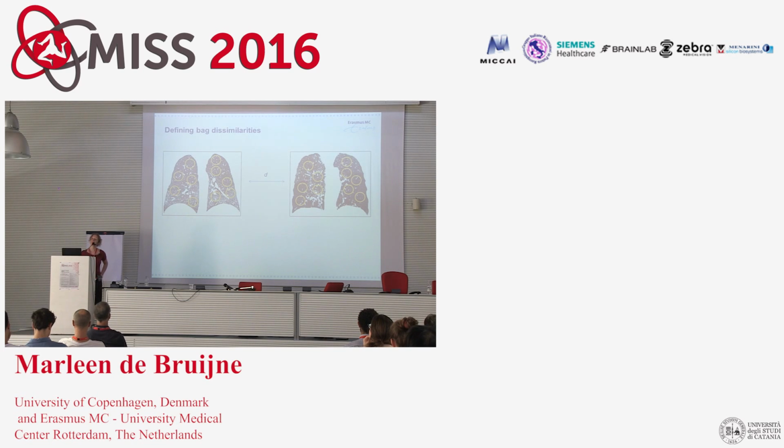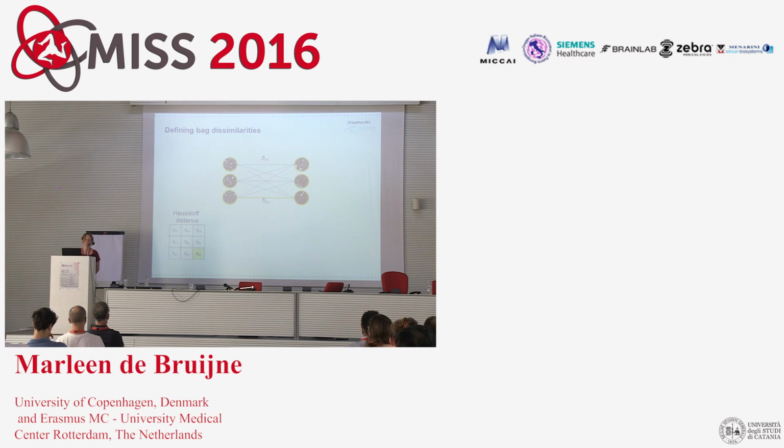We've looked a little bit further and looked at whether we could define good bag dissimilarities. So we did use histogram dissimilarities, but they were only on the instance level so far. So what would be good bag dissimilarity measures? So we take some examples from each bag, and we want to define a distance measure based on the instances. So a good baseline, we didn't expect it to perform well, but a good baseline would be the Hausdorff distance.